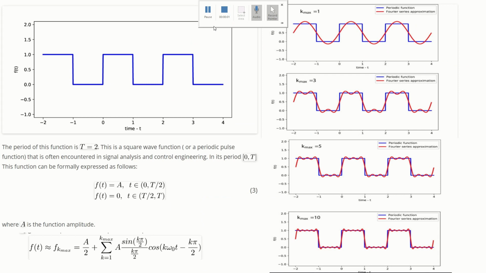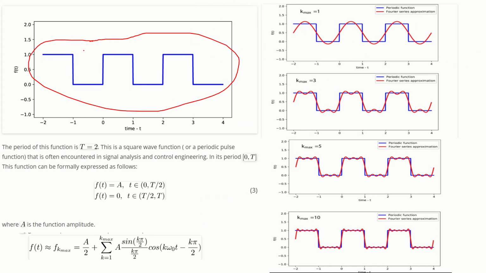So let us see how the Fourier series expansion works in practice. So what can we see here? This is a periodic pulse function or a square wave function, and we want to represent this function using the Fourier series expansion.